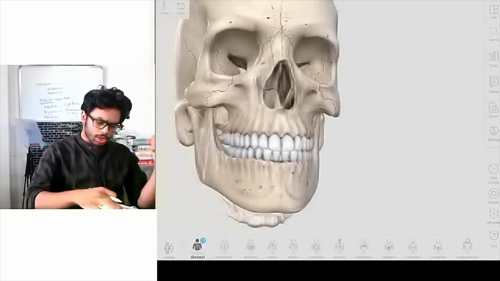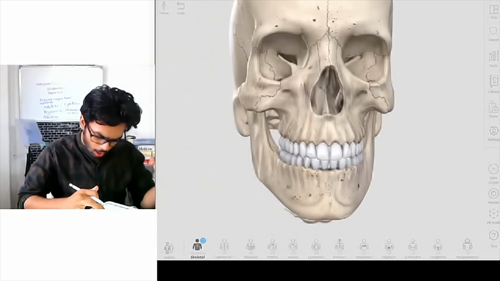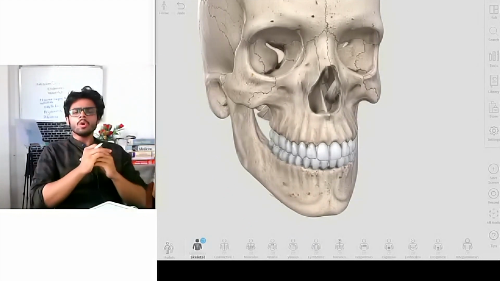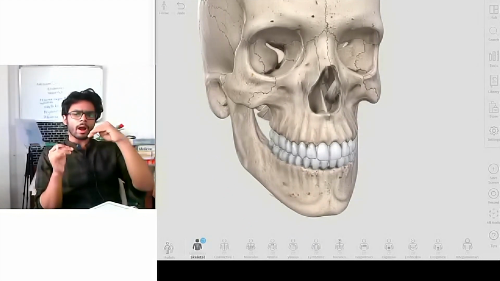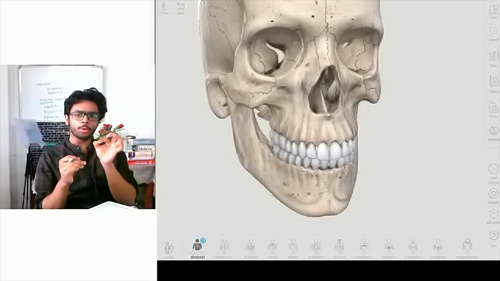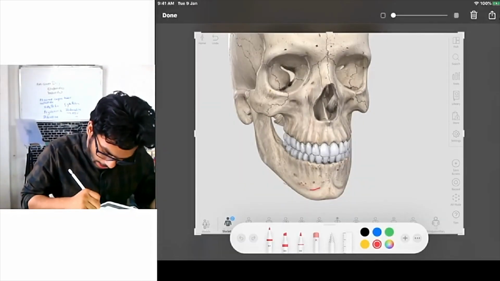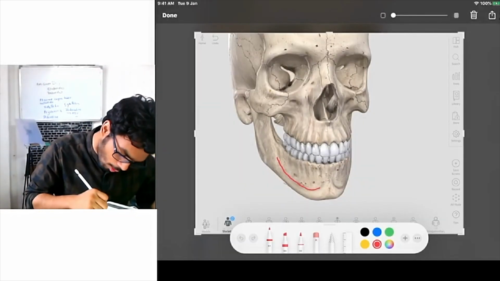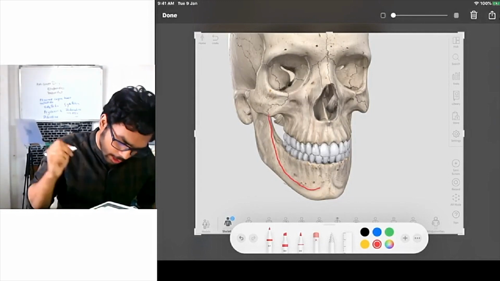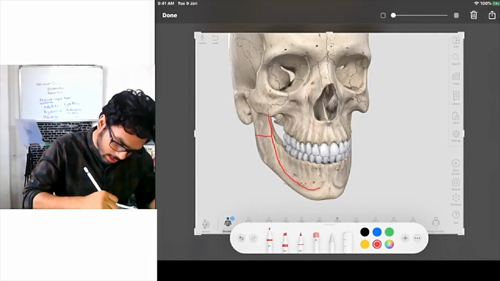Here we have the external oblique line. Let me show you how it looks. See, the oblique line runs upward and backward from the mental tubercle. Here you have the mental tubercle, and the oblique line runs backward and upward and joins the ramus. This is the ramus part of the mandible.